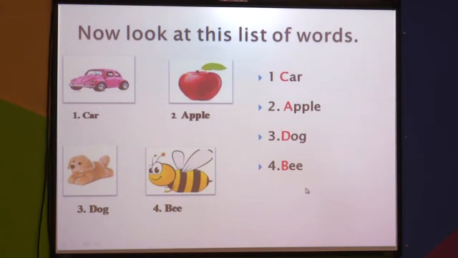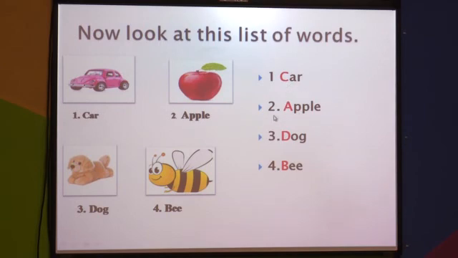I have told you that while arranging in alphabetical order, first we are going to look at the first letter of the word. If we have to arrange this list in alphabetical order, we have to look at the first letter of each word.